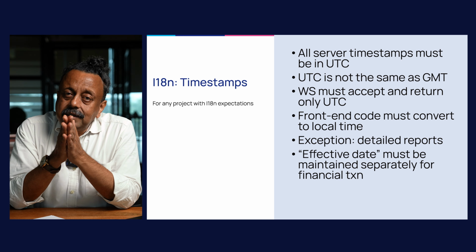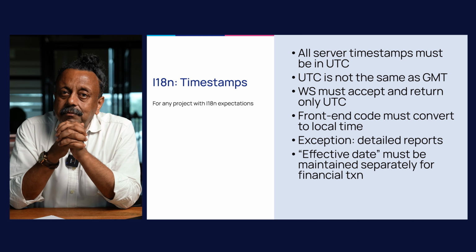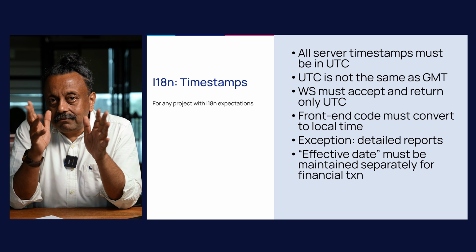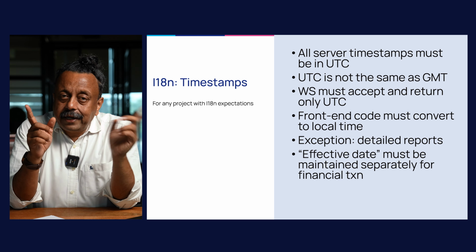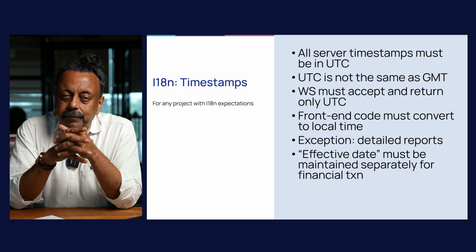Okay. Another interesting insight we have had by working with large applications and multi-time zone systems is that in financial transactions, there is something called an effective date, which is like a legal entity. So imagine that some transaction is happening in Singapore at 2 a.m. on 10th of February.